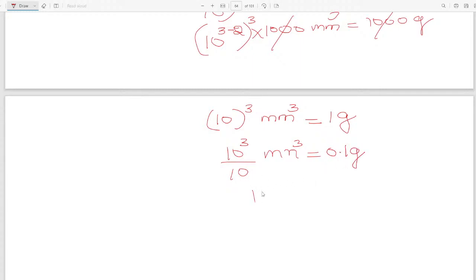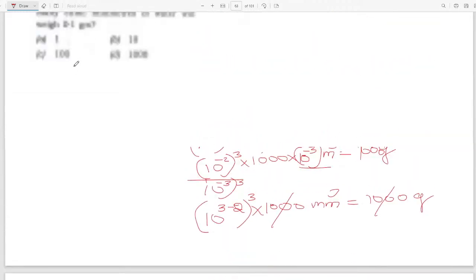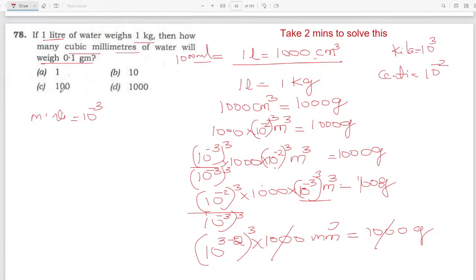So this will be 10 raised to 2 cube is equal to 0.1 gram. So 10 raised to 2 is nothing but 100. This is option C. The correct answer is option C.